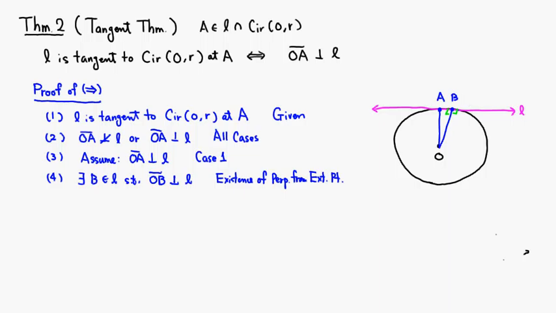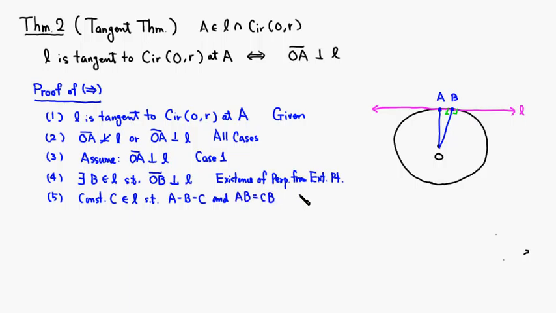Then we're going to construct another point C on the line L such that the betweenness condition is A, B, C, and we want AB equal to CB.